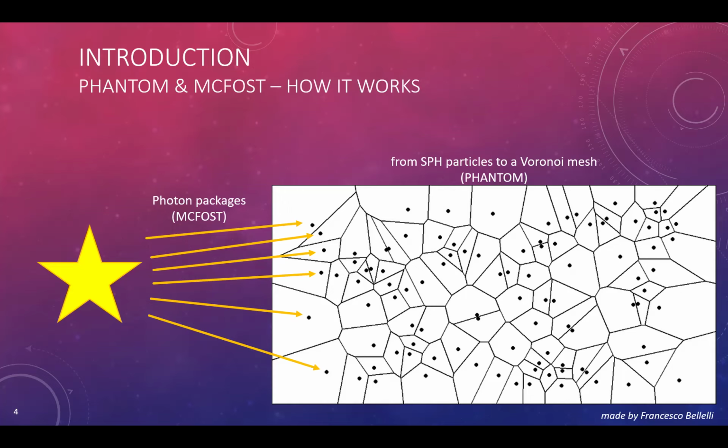Well, there's an option actually. It's built on the gas by default, but there is an option to build the mesh on the dust. Okay, there is an option there.